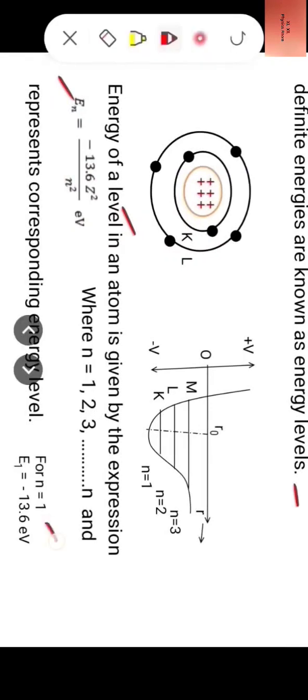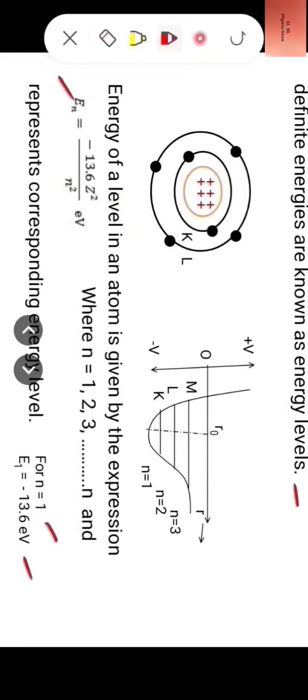For N equal to 1, E1, that is first energy level, is equal to minus 13.6 electron volts for hydrogen atom, because for hydrogen atom Z is equal to 1.